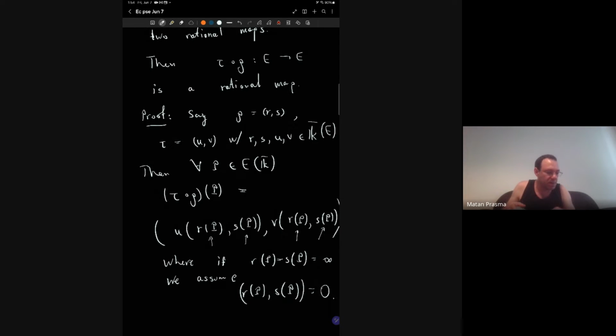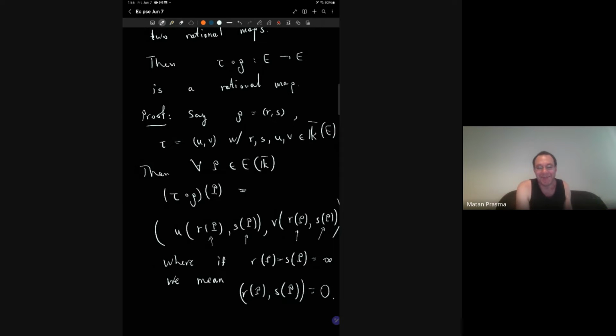Okay, and then everything is defined. I can always evaluate a rational function, say u or v, at the point at infinity. Okay, so this is composition.